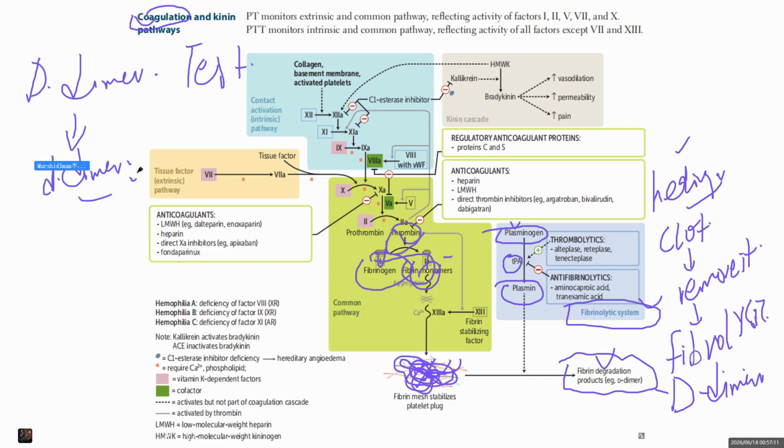If we do the test in a healthy person, there will be very little D-dimer in the blood, because there is no active clot formation and breakdown happening.